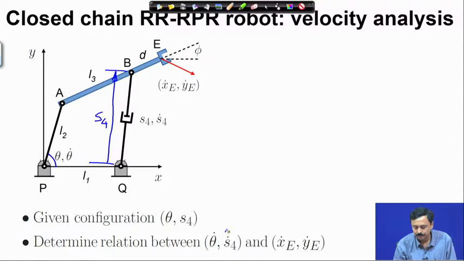Now, the problem is to determine the relation between their velocities. So, we have theta dot and S4 dot as the joint velocities or the actuator velocities, and xe dot and ye dot as the end effector velocity vector. So, we would like to find out a relation between them.